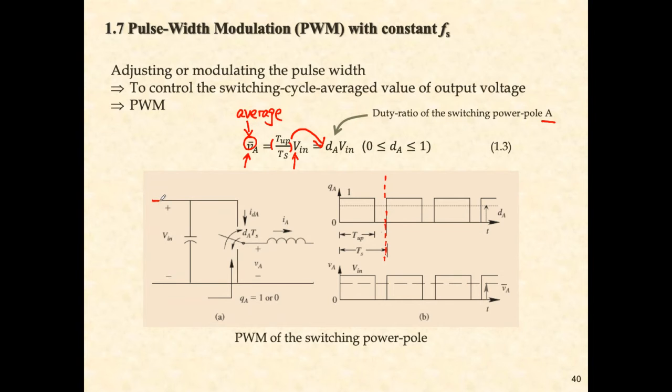When the switch is up, the circuit is like that, so we should have VA equal to Vin, according to this topology. Is it okay? And when QA is equal to 0, this is 1, and I may change the color.